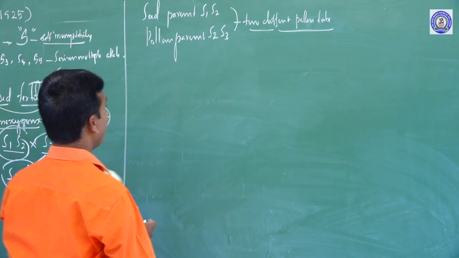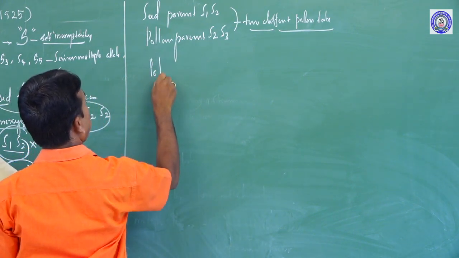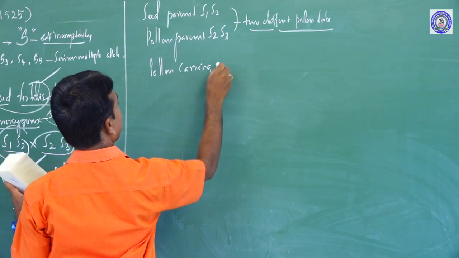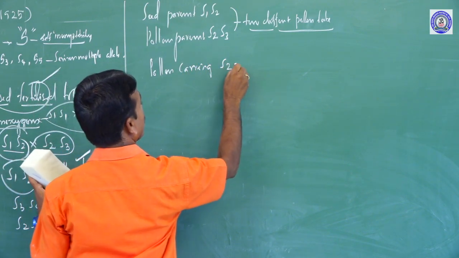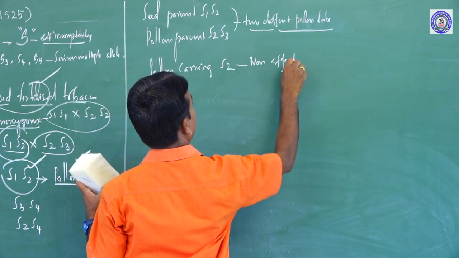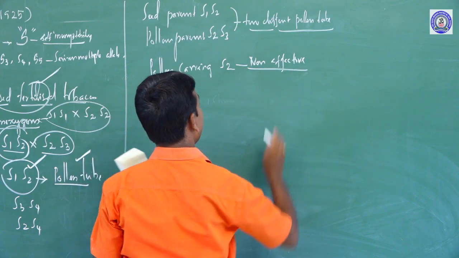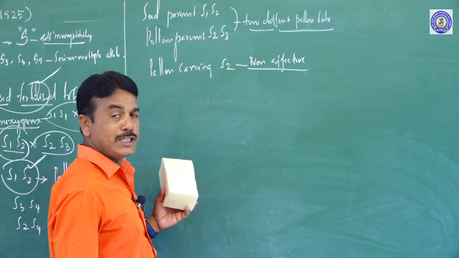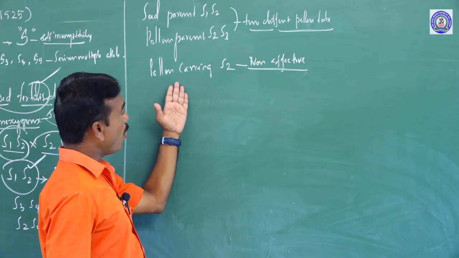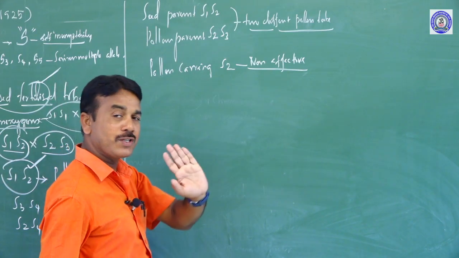So in general, pollen carrying S2 is not effective. Please note this in your books when you watch the video, because from the exam point of view, pollen carrying S2 is not effective.